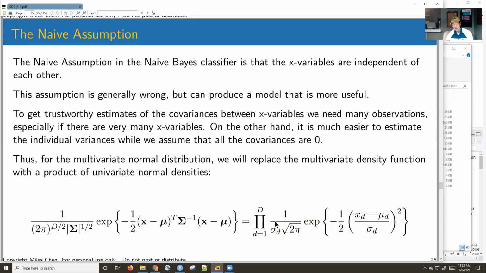In our example, we have two-dimensional data, so I'm going to have the normal density for x1 multiplied by the normal density of x2. If you have a high dimensional problem, like a multivariate normal in 5 dimensions, you would take 5 univariate normal densities and multiply all 5 of them together.